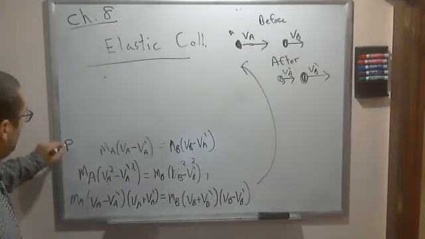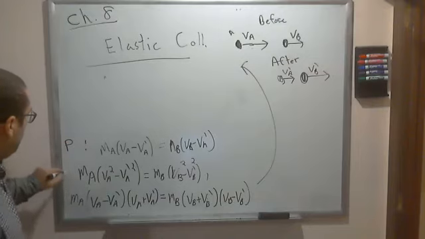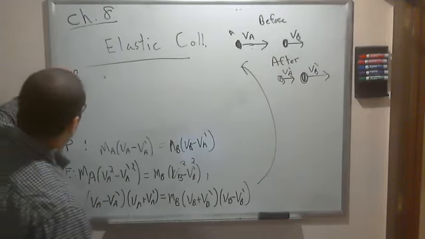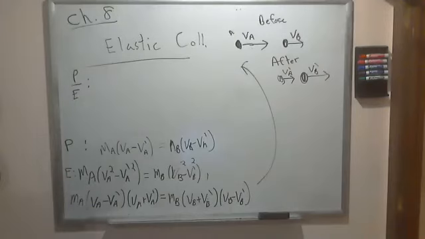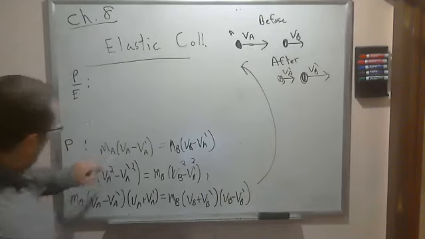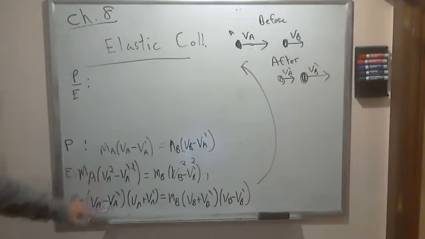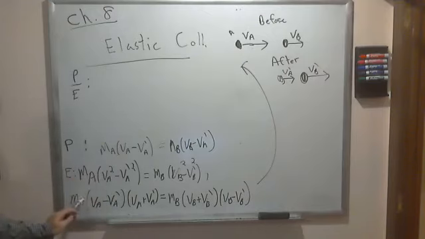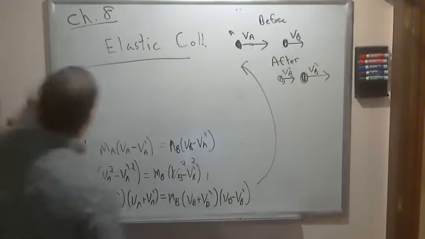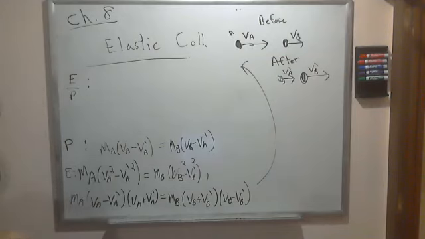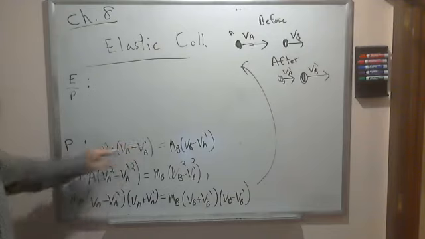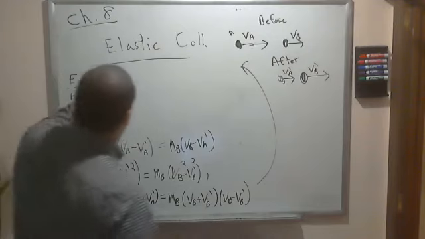Remember, this is P, and this is E. So let's divide P by E. Oh, I'm sorry. I meant E divided by P. We do E divided by P. And we discover that this term cancels out with this term, and we're left with this.